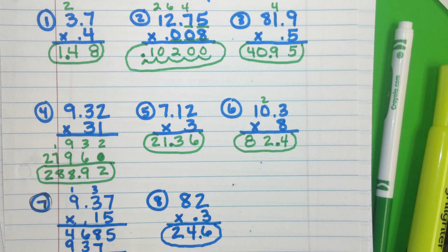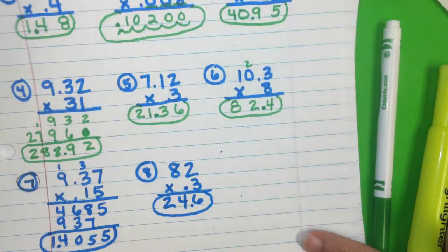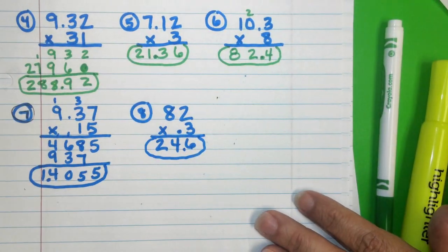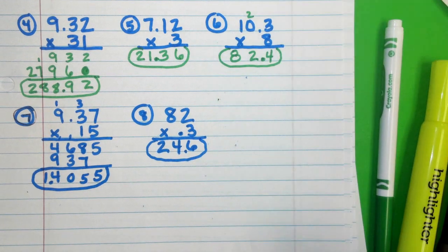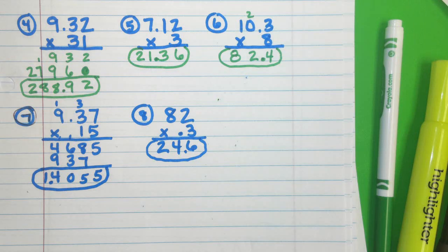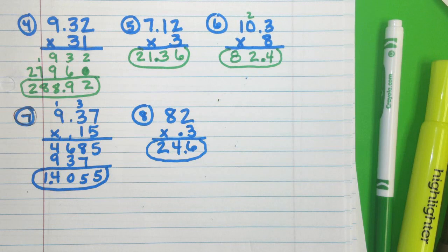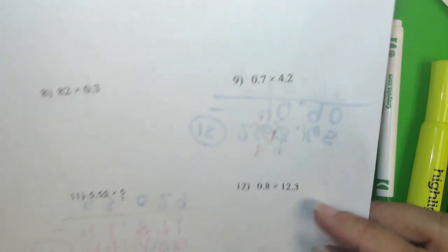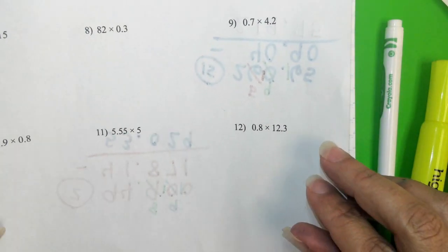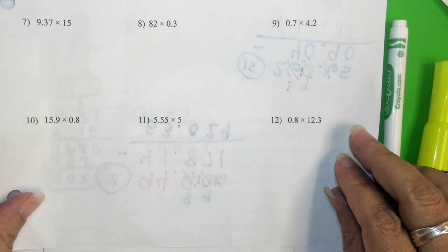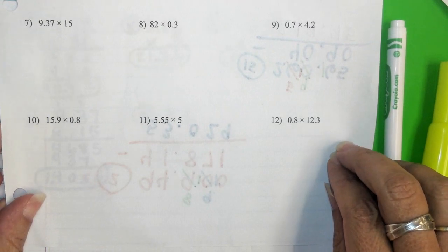Okay, so what I've done is I'm going to show them 7 and 8, leaving them with 9 through 12 for homework. Some kids have had 7 through 12, some classes. It just kind of matters. Okay, if you've lost your worksheet or something, there's 9, 10, 11, and 12.